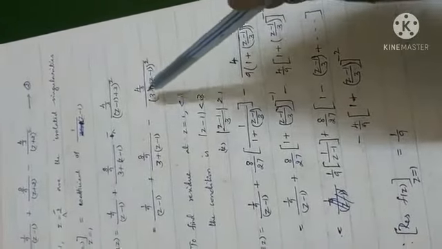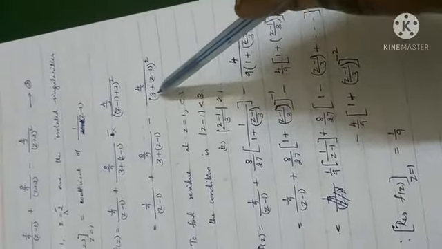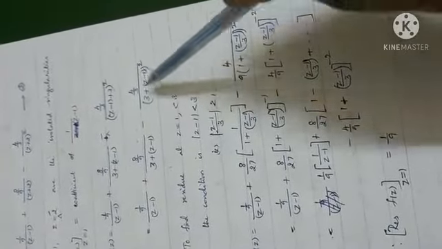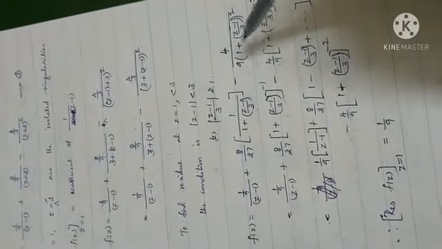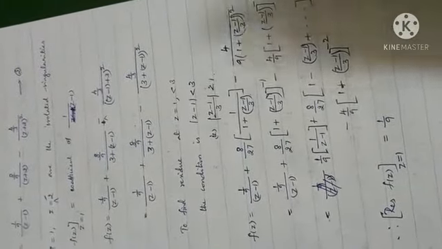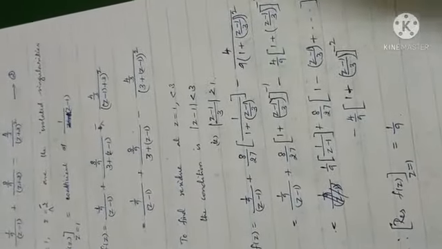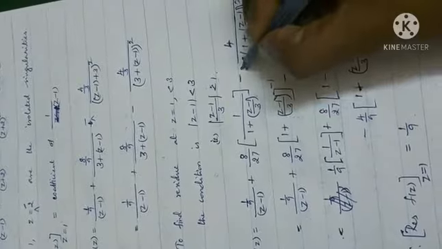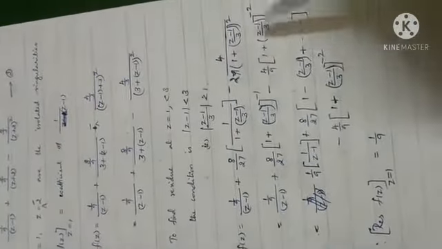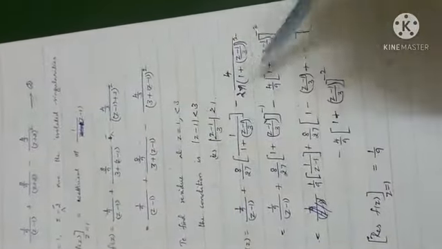Here minus 4 by 3 is already outside. If I take 3 outside, 3 square becomes 9. We should take 9 outside: 1 plus (z minus 1) by 3 whole square. So 9, and already we have 3 in the numerator, so it should be 27.